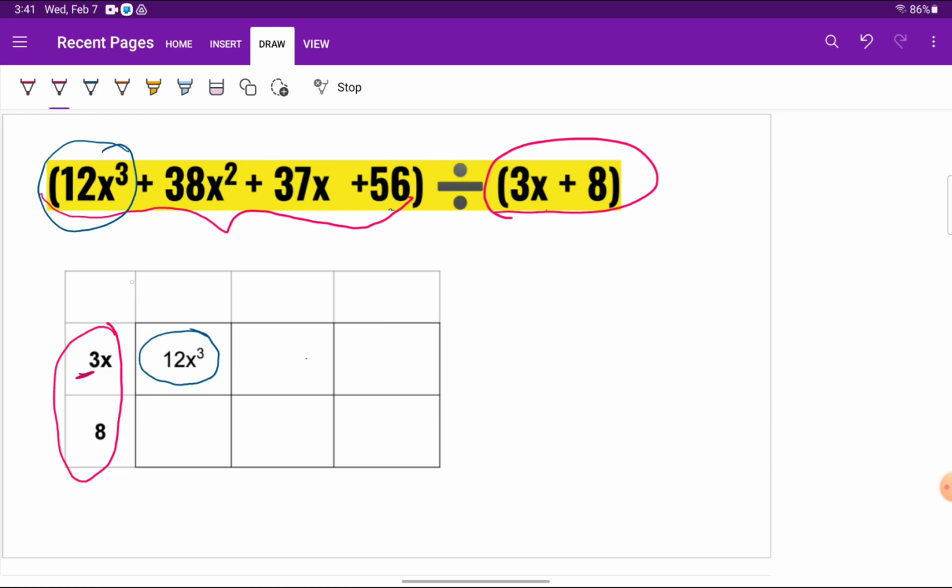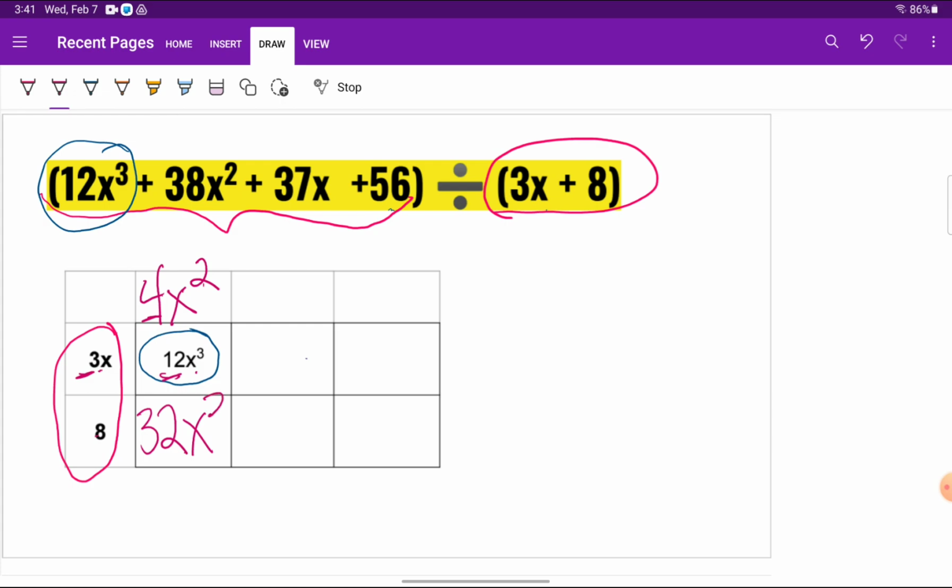So 3 times what is 12? That's 4. I have an x, I need it to be x cubed, so this has to be x squared. If I know this 4x squared, then I can multiply to fill this bottom box. 4 times 8 is 32, x squared.